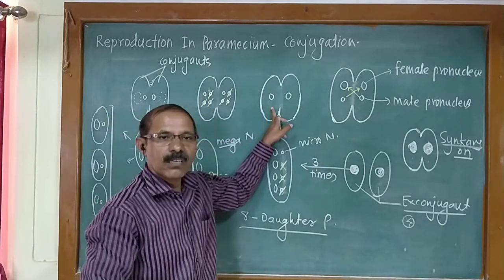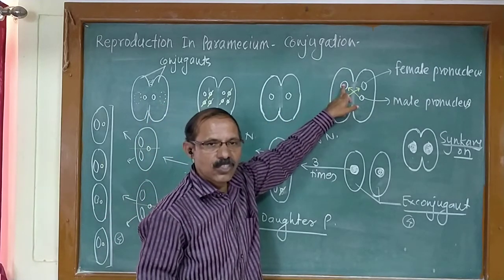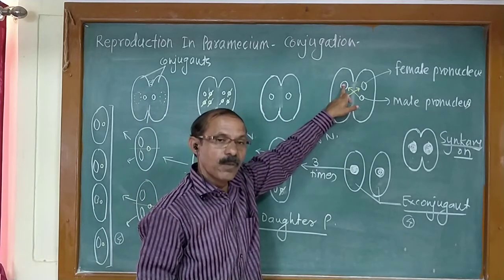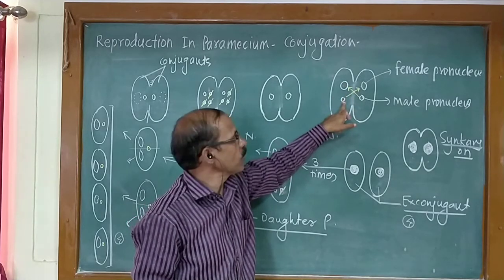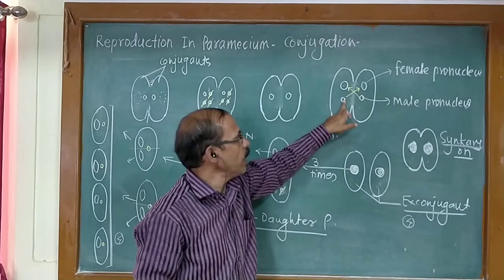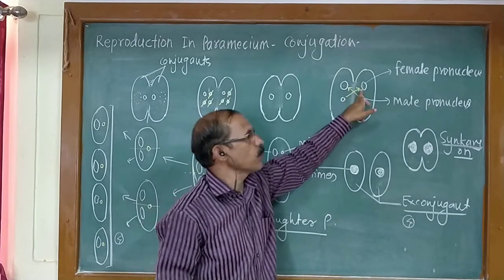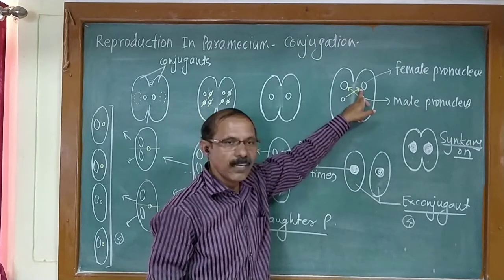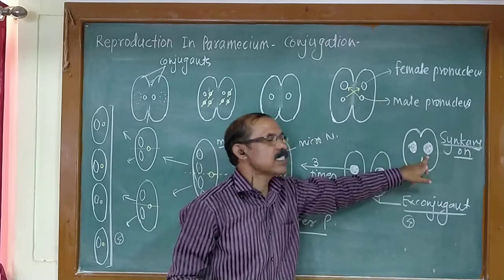Now this one divides unequally. One becomes larger, stationary, called the female pronucleus. One is active, smaller, called the male pronucleus. The male pronucleus crosses the protoplasmic bridge and unites with the neighboring female pronucleus, forming a syncaryon.